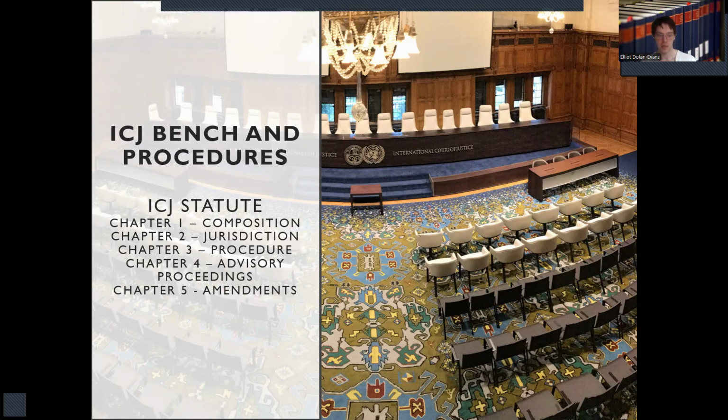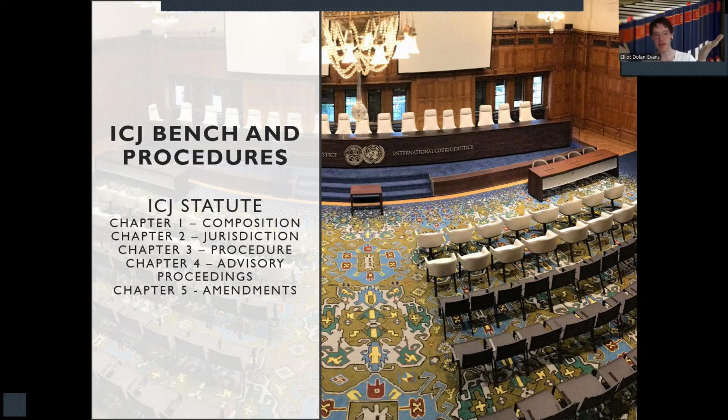Chapter 2, which is about jurisdiction, is actually quite a bit shorter than chapter 1, but it's really fundamental in terms of its importance as it deals with the jurisdiction of the court in contentious cases, which are disputes between states. And it sets up that the court is involved in 2 distinct sets of proceedings. On one hand, contentious proceedings, the typical proceedings of the court, where it'll hear a dispute between a couple of subjects or states and try to resolve this dispute by way of some kind of binding decision.